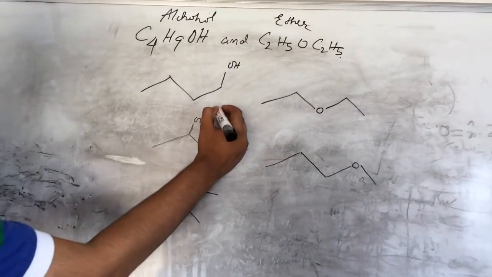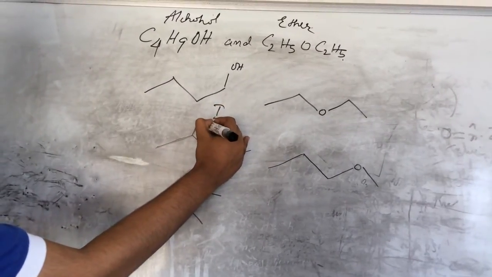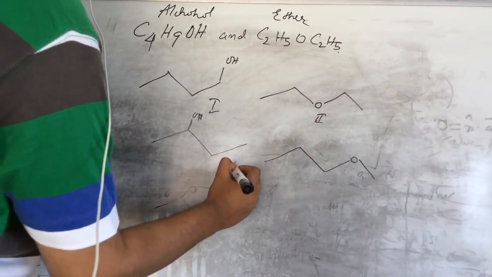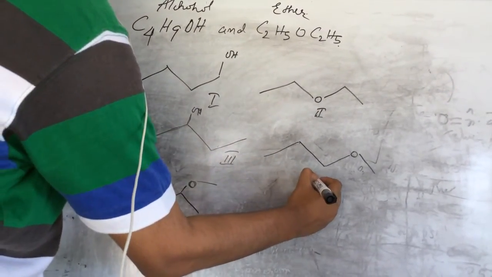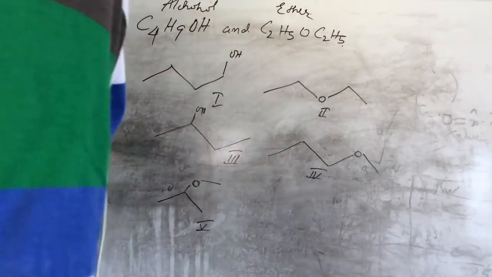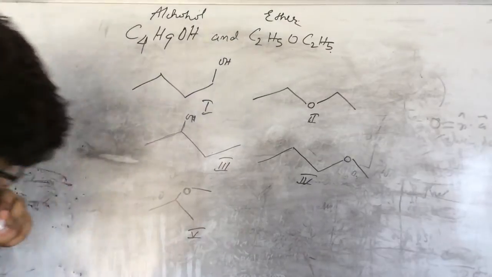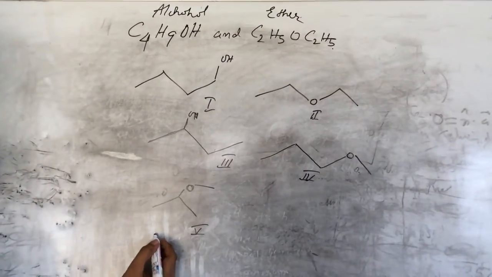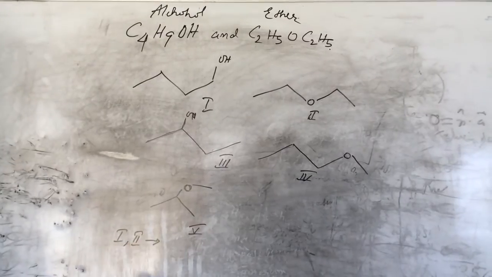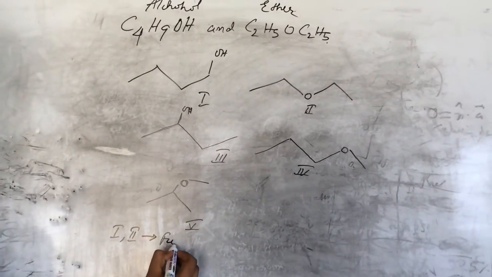So these all are possible. I'm just giving examples to show the relation between them. Some more may be possible. So 1 and 2 are functional isomers of each other.